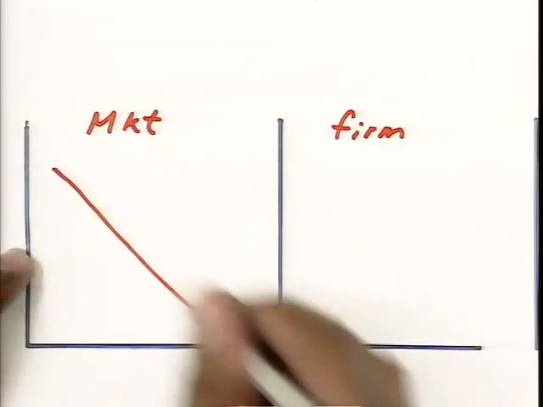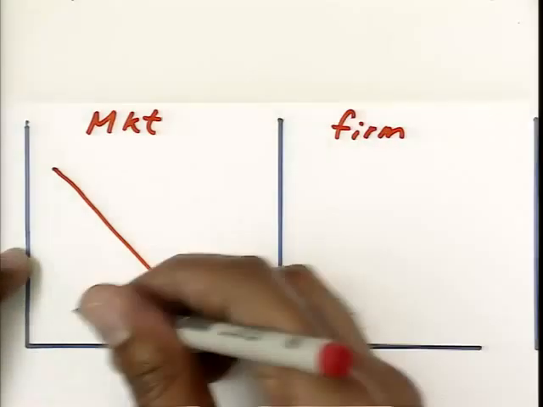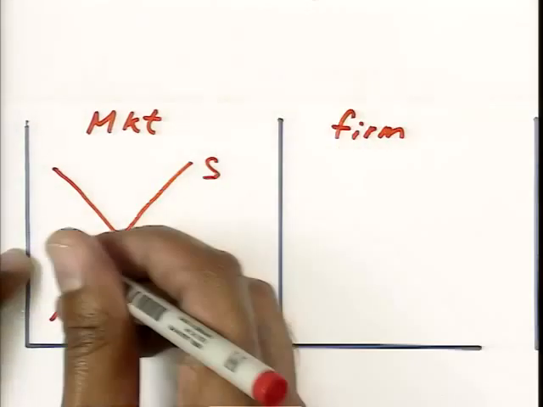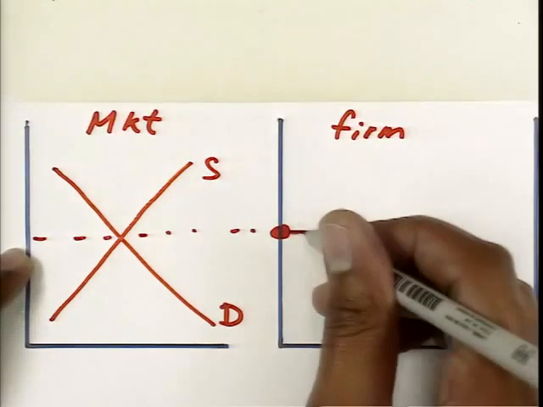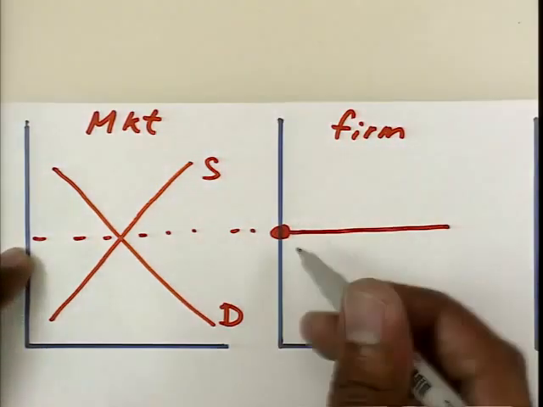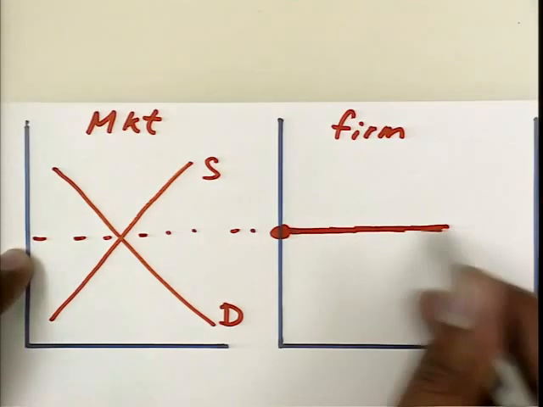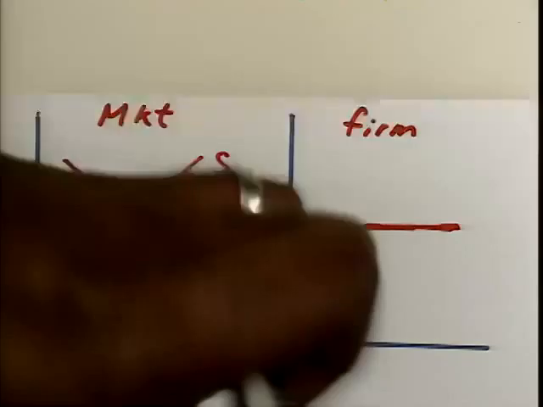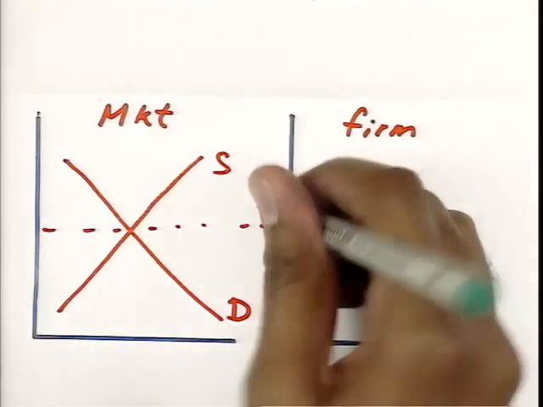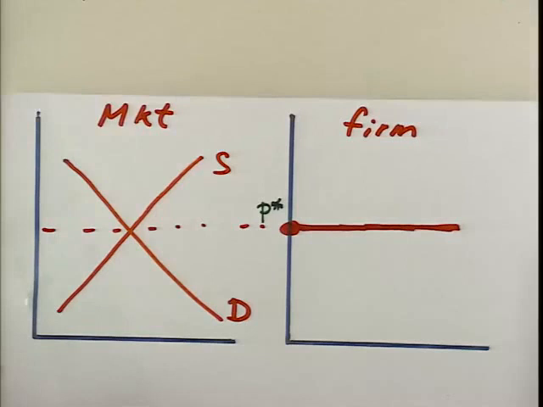In perfect competition, the market decides what the market price is for the firm. The firm's decision is simply how much should we sell at that market price. We call the firm a price taker.